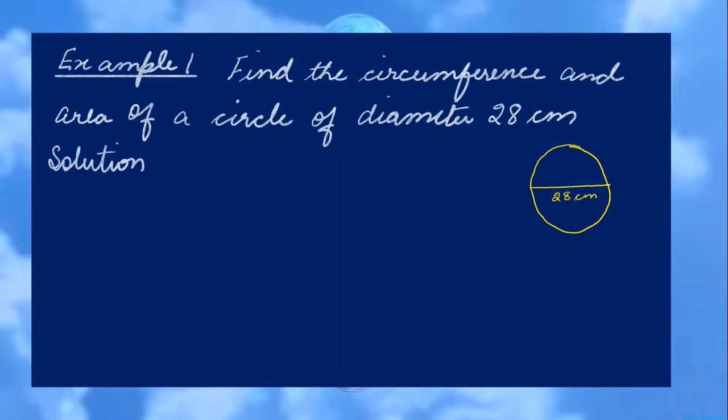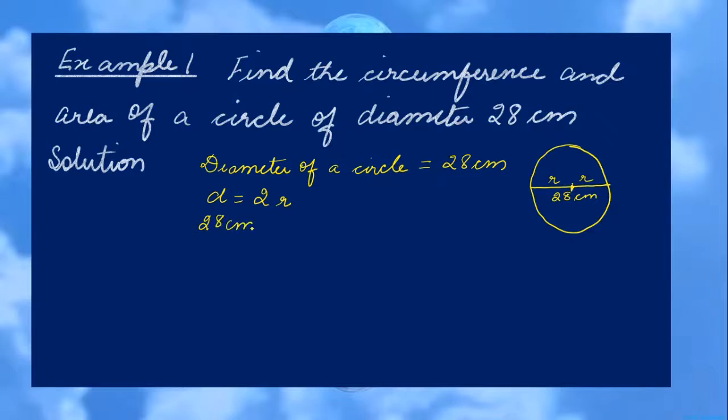So diameter of a circle is given equals 28 centimeter, and you know diameter is 2 times r. So 28 centimeter equals 2r, which implies r is 28 upon 2 centimeter equals 14 centimeter. So you got the radius to be 14 centimeter.